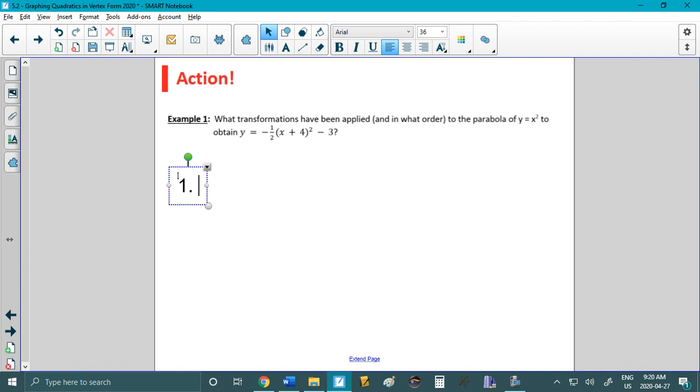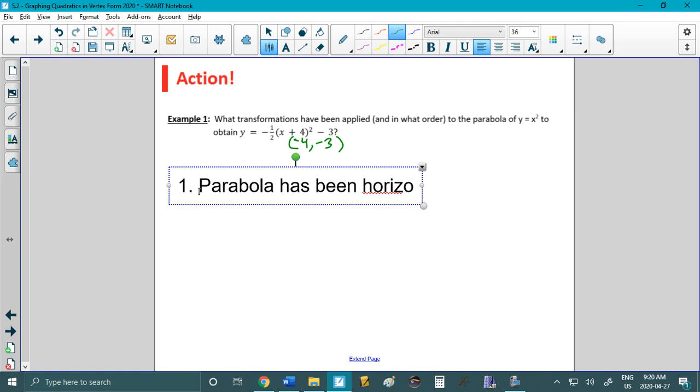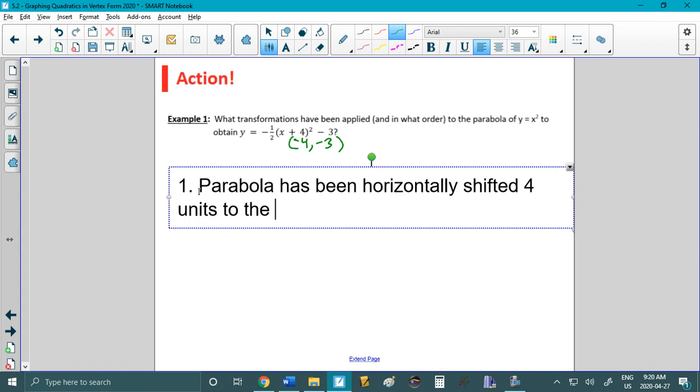So the vertex in this case is, sorry, I don't know why I said -3 there. -4 and -3. So the vertex is -4, -3. So if the vertex is -4, then I can say that parabola has been horizontally shifted 4 units to the, I want you to think, is it left or right?